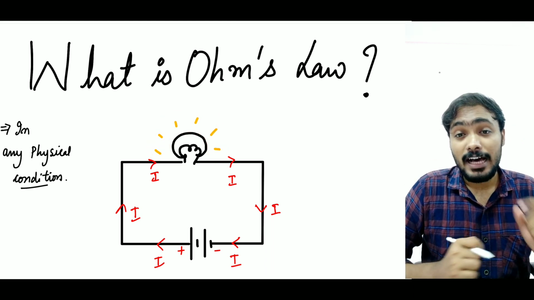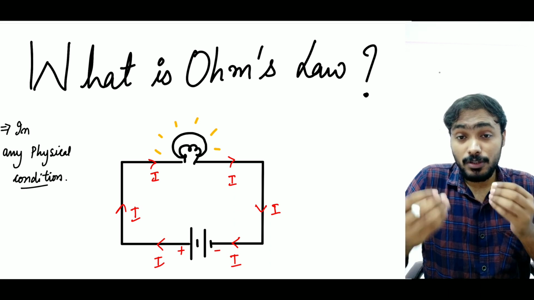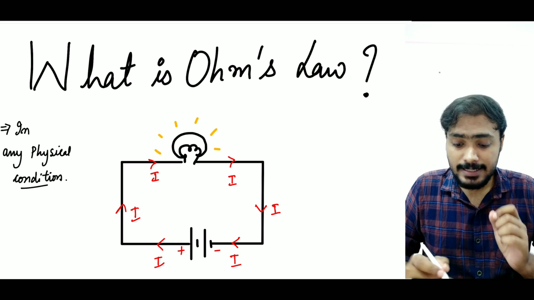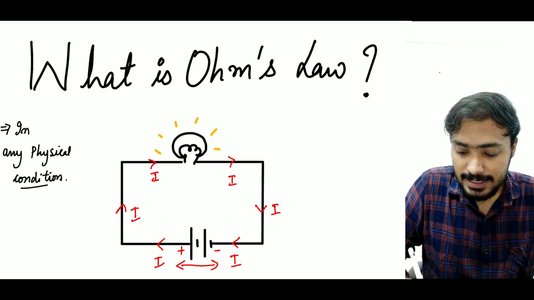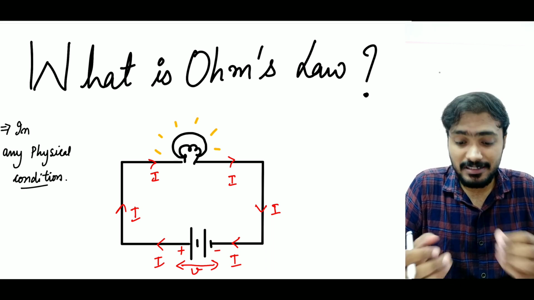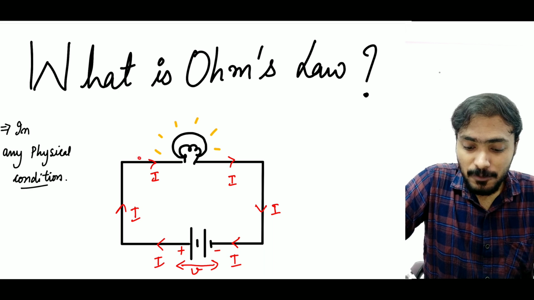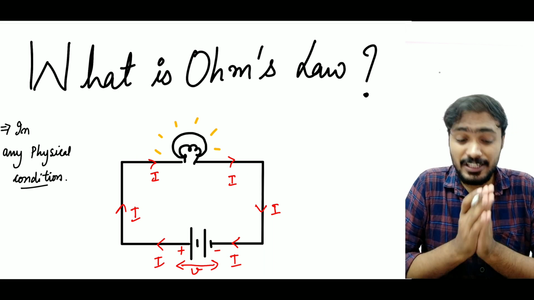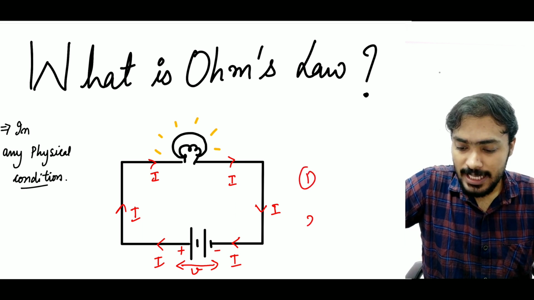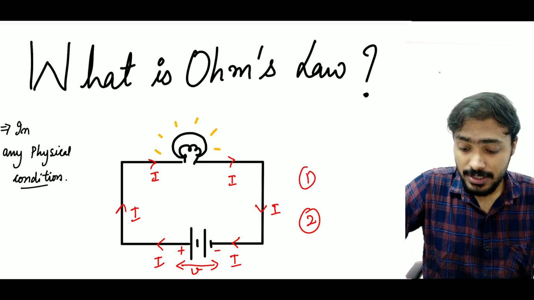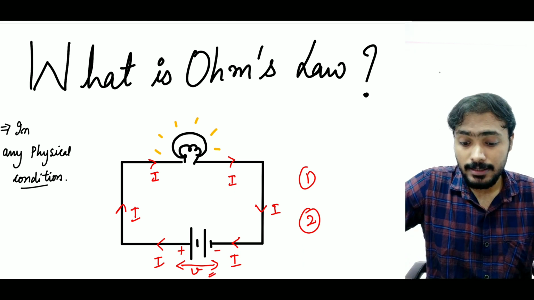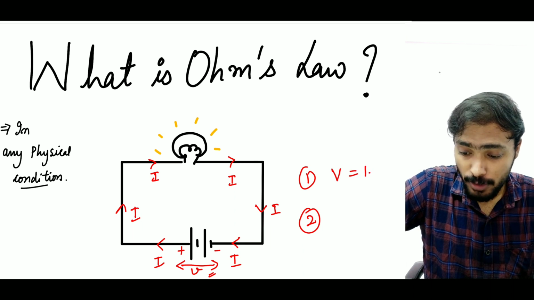Very good. Now I would like to give you two scenarios and you have to tell me what is going to happen in both. Obviously this battery will have some potential difference. This battery is maintaining a potential difference across this bulb, and that's why the current is flowing. In scenario number one, the potential difference that the battery makes across the bulb is 1.2 volt.